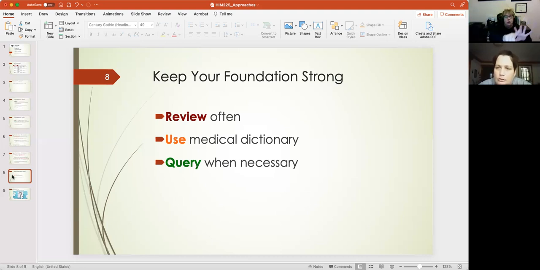Now the words are going up into your brain one at a time, and your brain has the opportunity to analyze it, understand it, and go, oh, okay, now I understand.